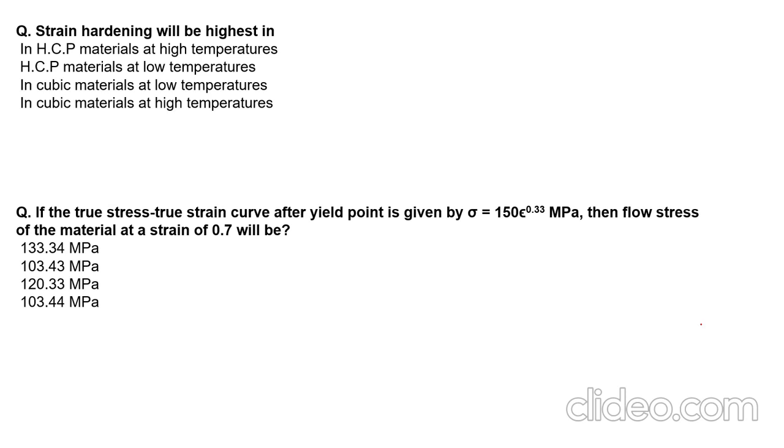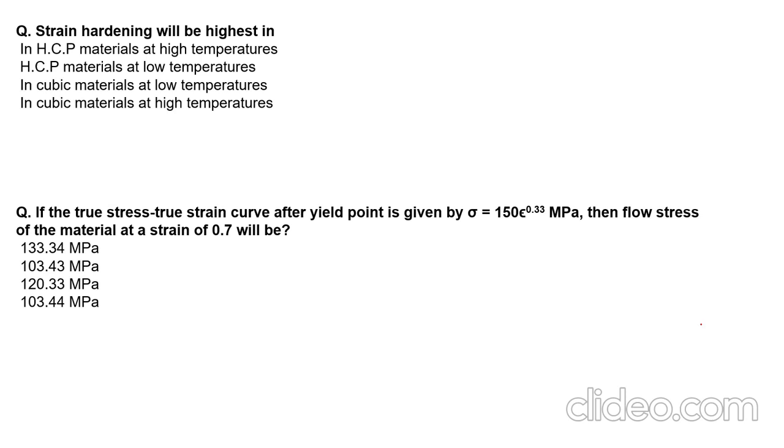See, if you first compare the crystal structure, so you have two crystal structures here, HCP and cubic material. Out of HCP and cubic material, which will have a tendency to strain harden more, HCP or cubic material? Simply because of, based on your number of slip systems, right?